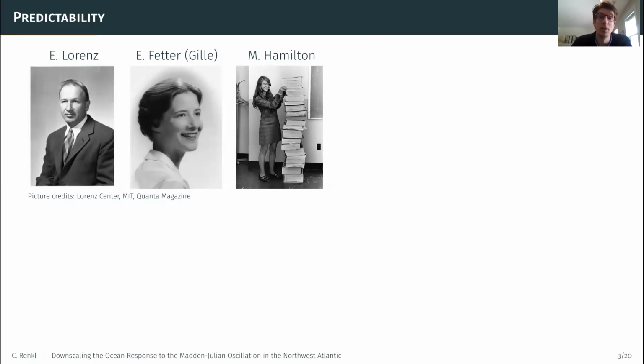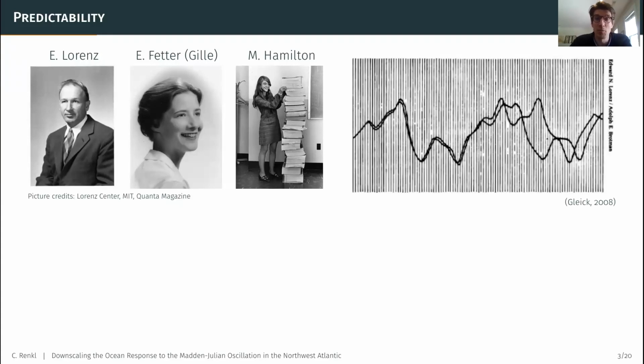However, their computer calculated the computations down to the sixth decimal. And so they came back after coffee break, and suddenly their solution had diverged completely from the initial run.